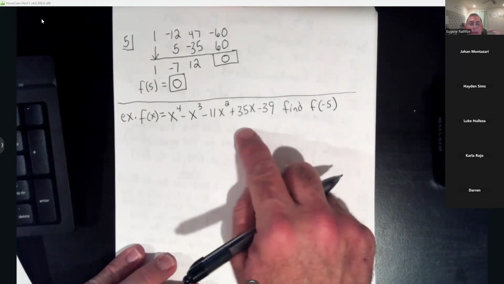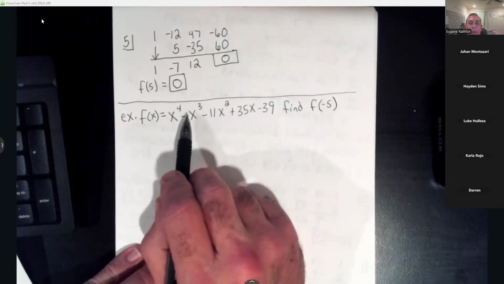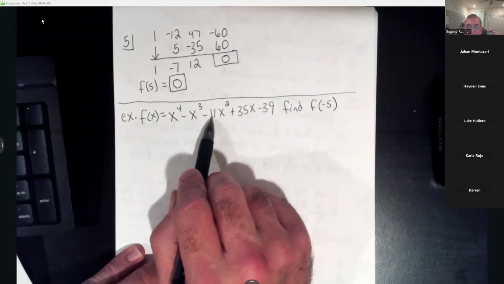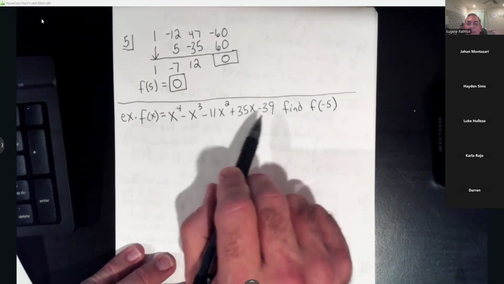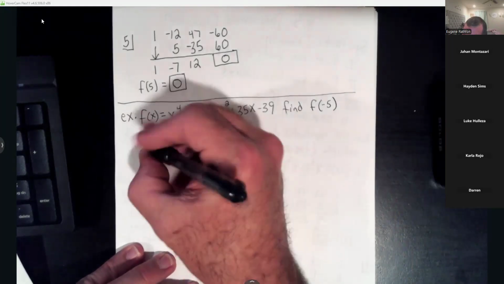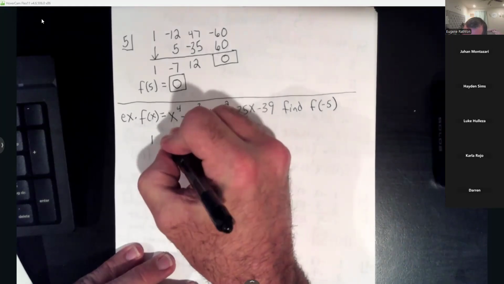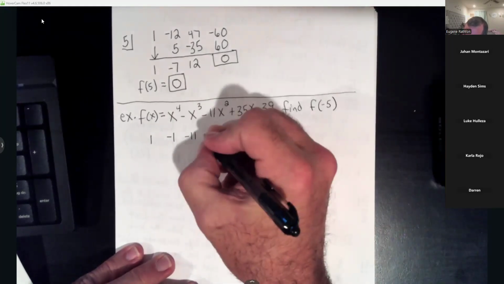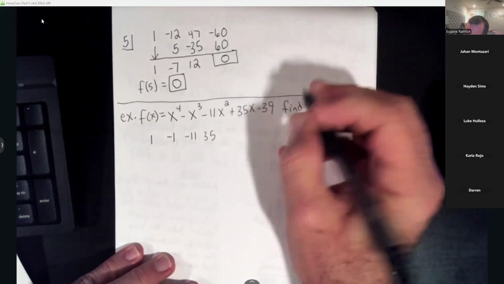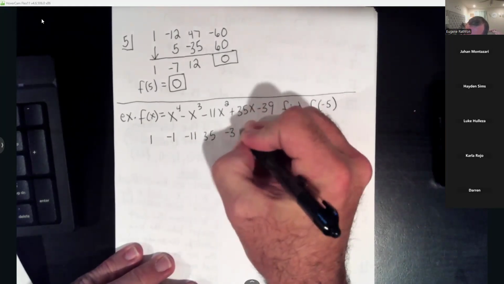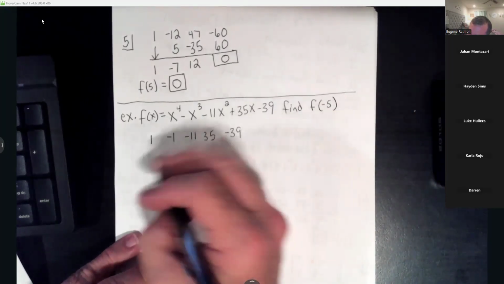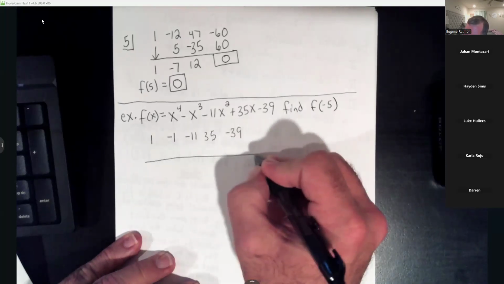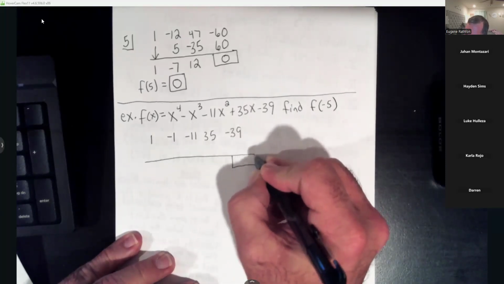First write out your coefficients: 1, negative 1, negative 11, 35, negative 39. Let's write them out. Leave a little space. We're going to draw our line and box off the last one.